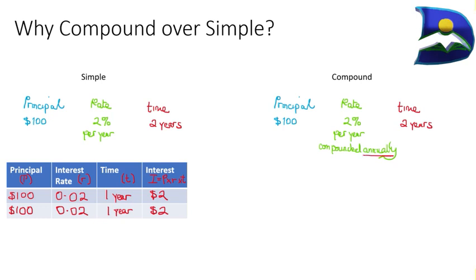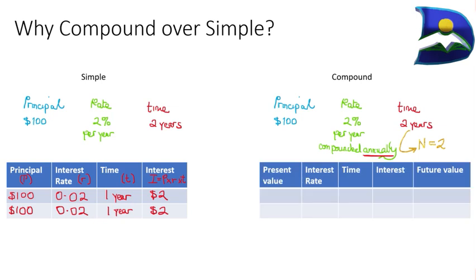Since we know it is compounded annually, it means that you get paid once in a year, which means that if it is 2 years, we'll get paid twice in 2 years. So therefore, we're going to have 2 rows to take care of.